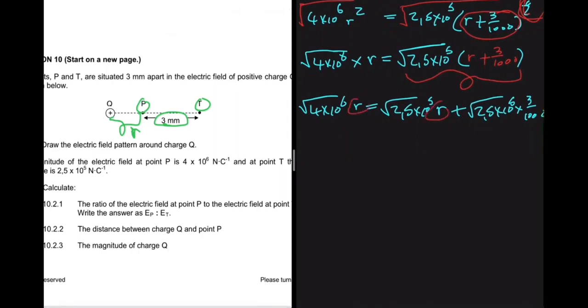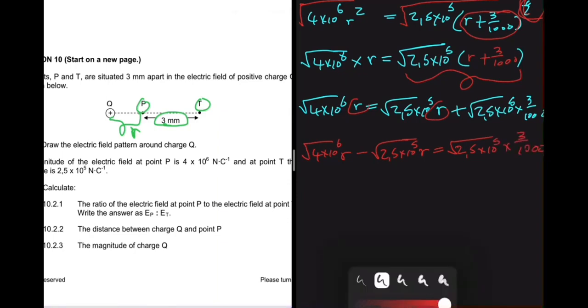We group in the like terms. So we're going to have the square root of 4 times 10 to the 6 r minus the square root of 2.5 times 10 to the 5 r being equals to the square root of 2.5 times 10 to the 5 multiplied by 3 divided by 1,000.